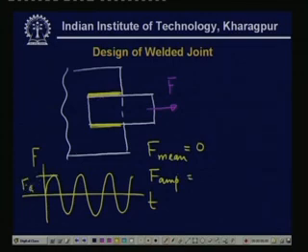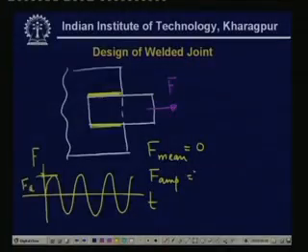So, this is F A. Now, in this case, the Soderberg line, Gerber line or Goodman's line will be of no use, because right now we have purely fluctuating, purely oscillatory stress. So, therefore, we will have to consider the design.